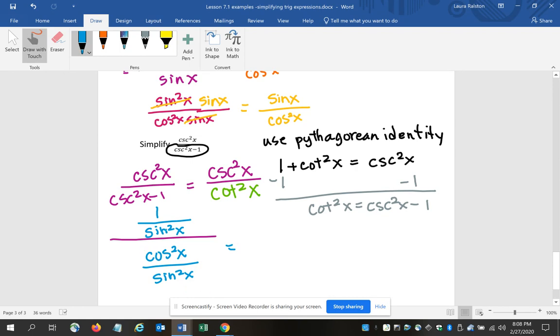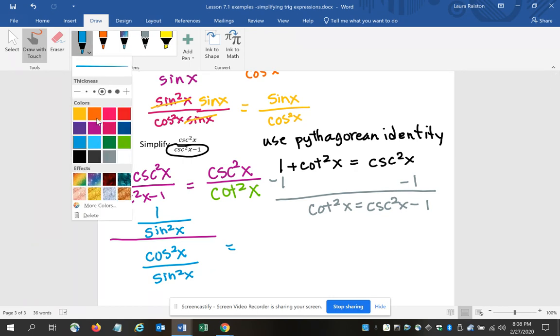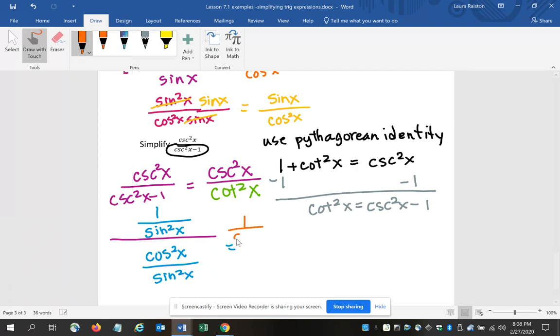You'd have 1 over sine squared x divided by cosine squared x over sine squared x. So we're going to flip and multiply. When I flip and multiply, I have 1 over sine squared x times sine squared x over cosine squared x.